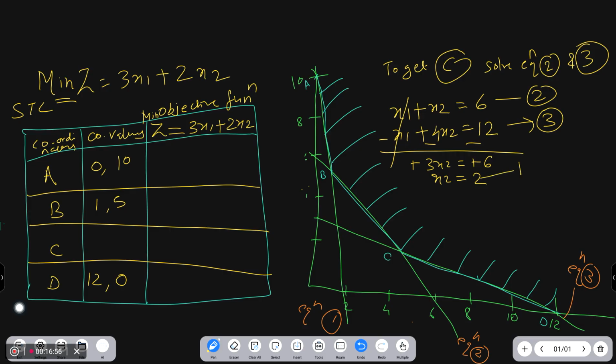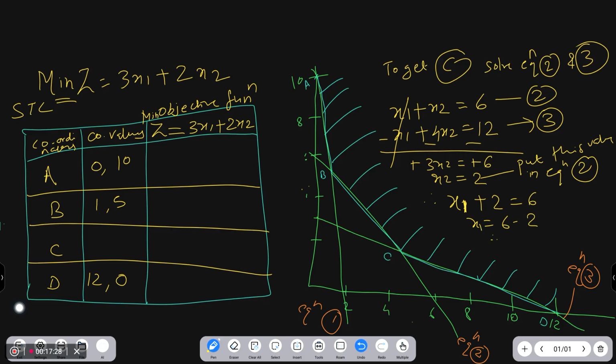So put this value in equation number 2. What is the final answer therefore? x1 is unknown, and the x2 value is 2, so x1 plus 2 is equal to 6, and x1 is equal to 6 minus 2.